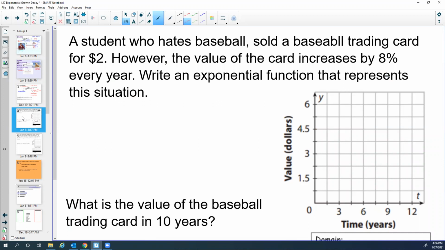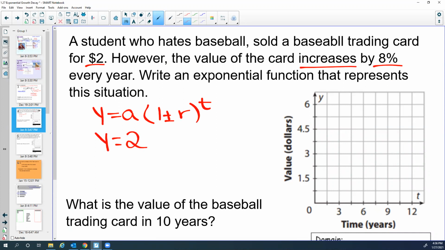A student who hates baseball sold a baseball trading card for $2. However, the value of the card increases by 8% every year. Write an exponential function that represents the situation. So here is my equation. They said that my initial amount was $2.